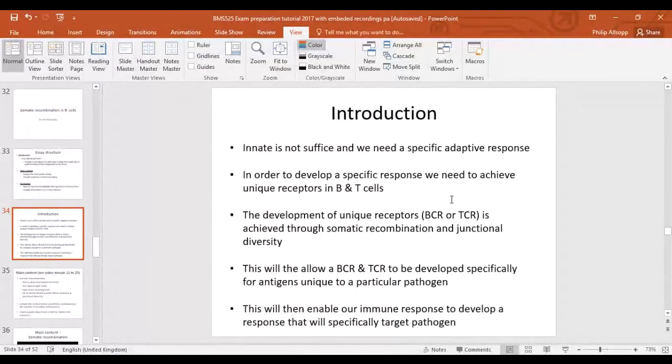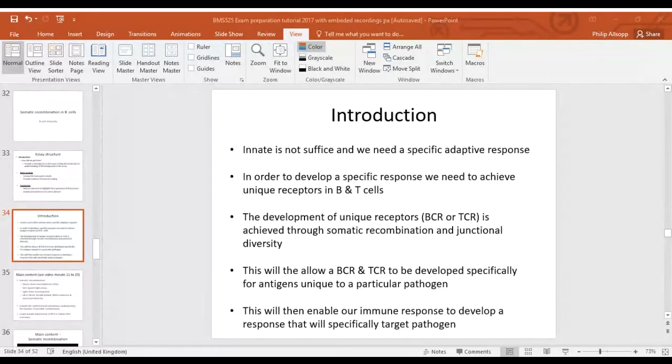So in order to develop a specific response, we need unique receptors in our B cells and our T cells, okay? Now, are we all aware that each B and T cell in your body has its own unique receptor, and that each B and T cell in your body is designed specifically to target only one pathogen, okay?